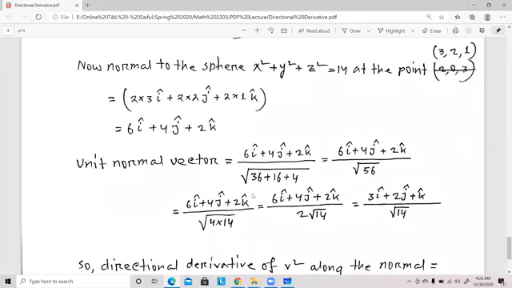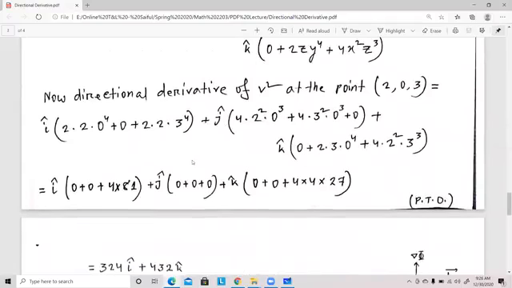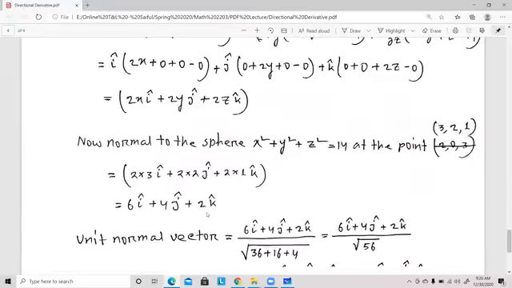Finally we got the direction, and we have to find the directional derivative of this grad of v square, the del v square we already found. Its contribution along the normal to the sphere, in this direction, will be this vector dot the unit vector that we already found.